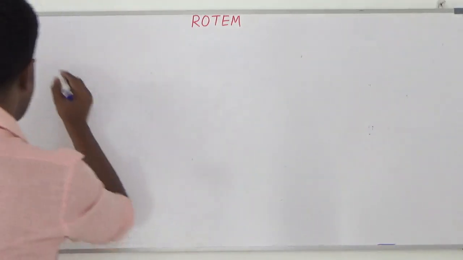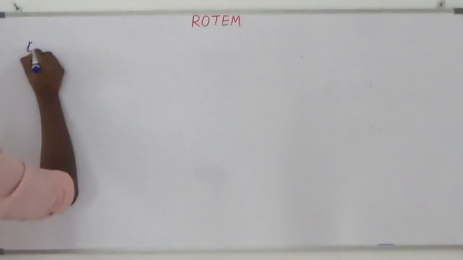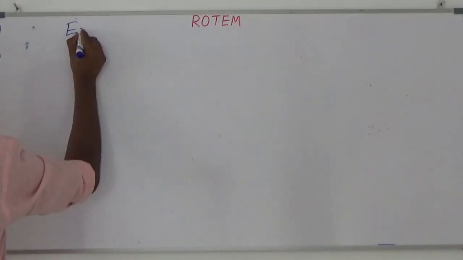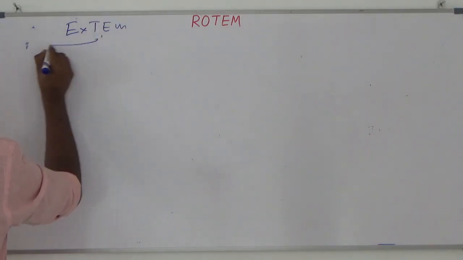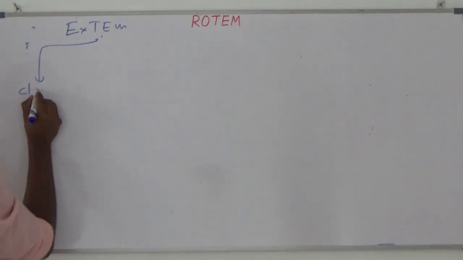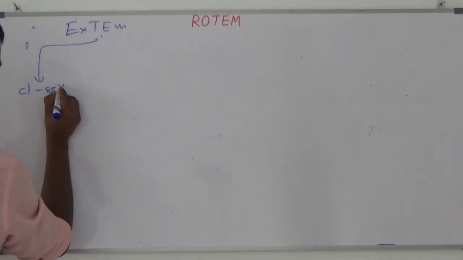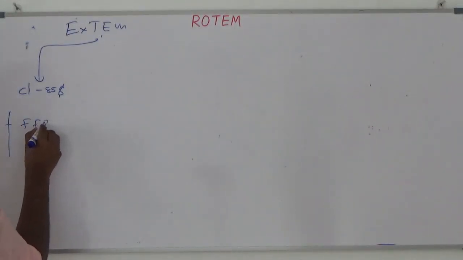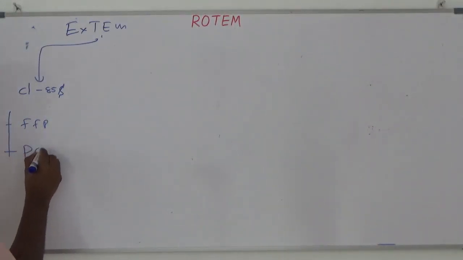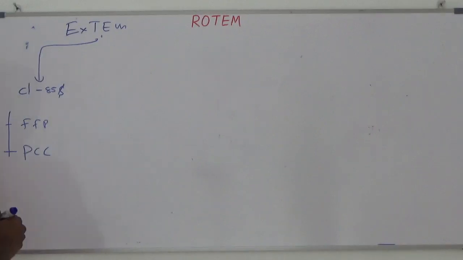If you find a patient with prolonged clotting time in XTEM, first of all you have to check the extrinsic pathway, XTEM. If your patient has prolonged clotting time of more than 85 seconds, you have to give either FFP or prothrombin complex concentrate.